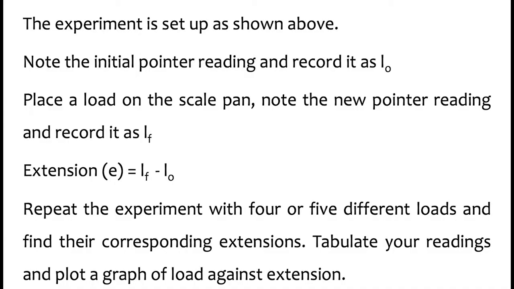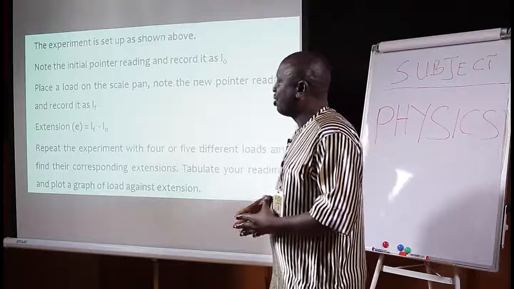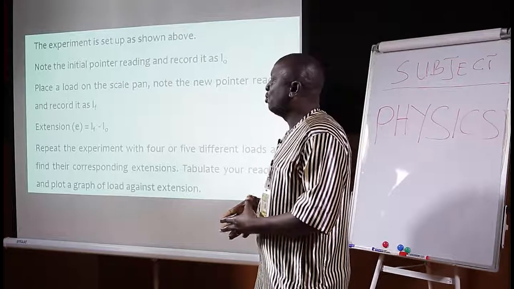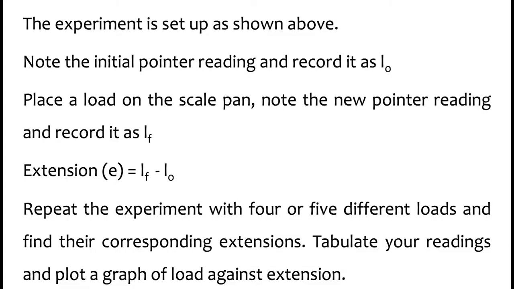Next is to place a load on the scale pan and then note the new pointer reading and record it as Lf, which means final length, while L0 is our initial length. Now the extension e will be equal to the final length minus the initial length, which is Lf minus L0.